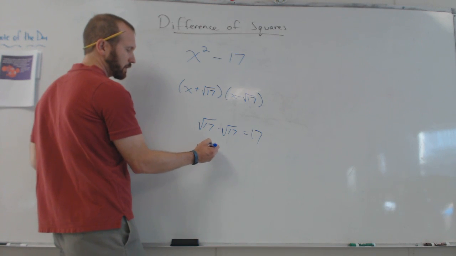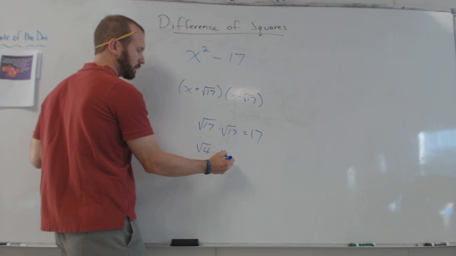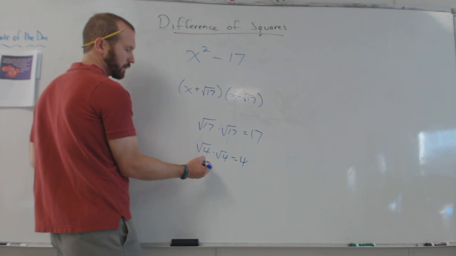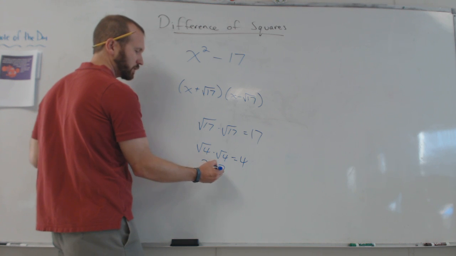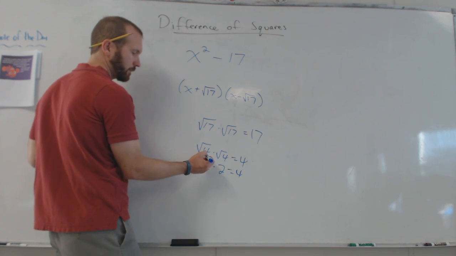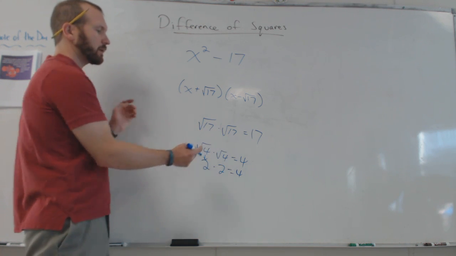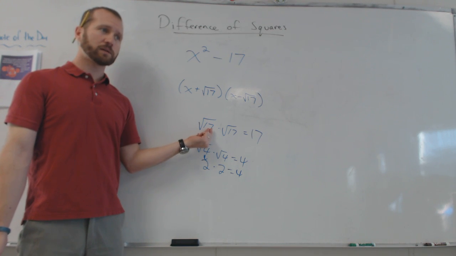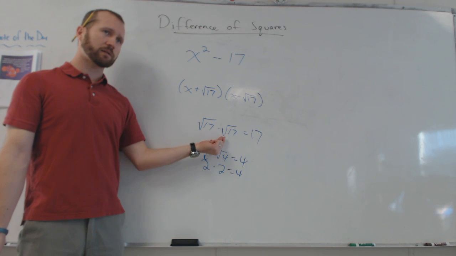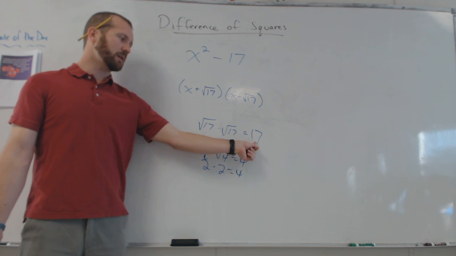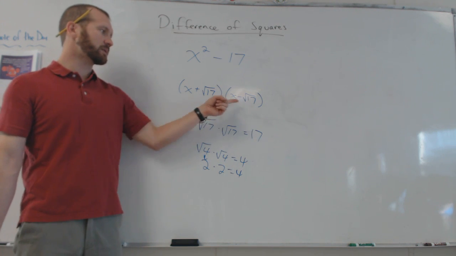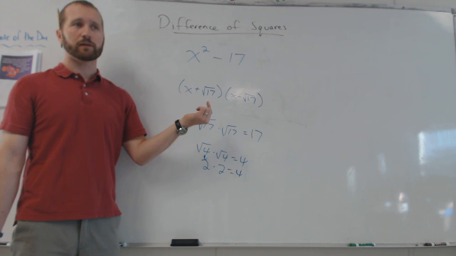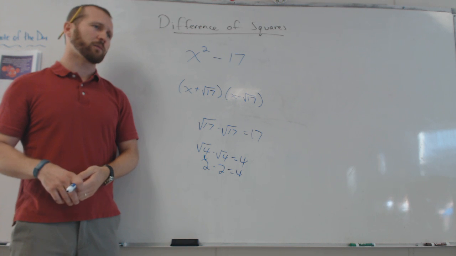Just like the square root of 4 times the square root of 4 equals 4, except I know that the square root of 4 is 2, because 2 times 2 equals 4. In this case, though, there is no rational number that I could square to get 17. So I just have to write the square root of 17. Or I could write a long decimal that I got from my calculator, right? 4.1 whatever it is.